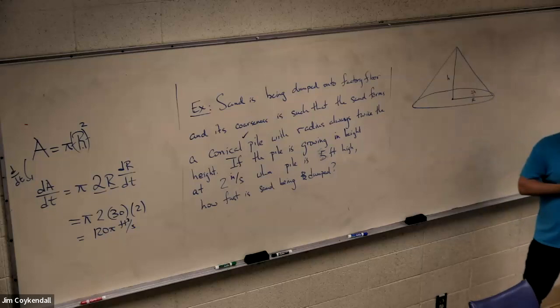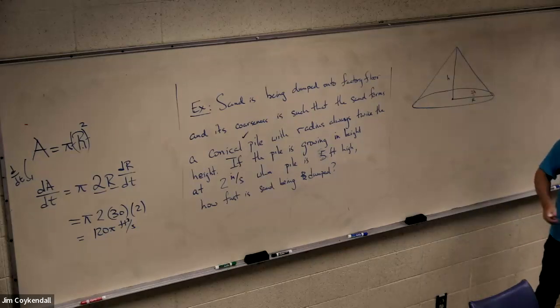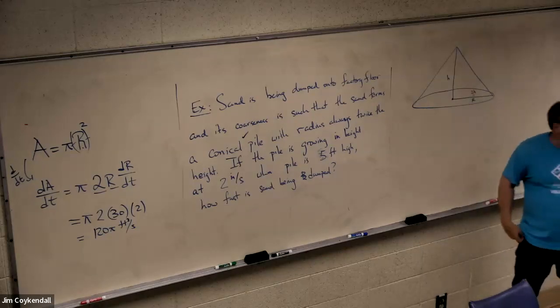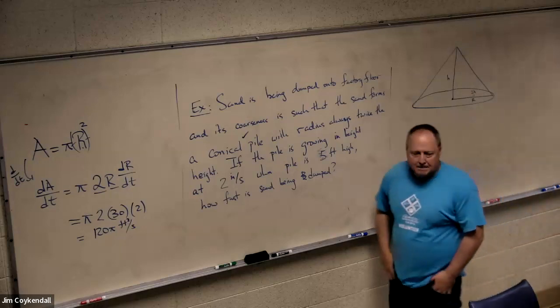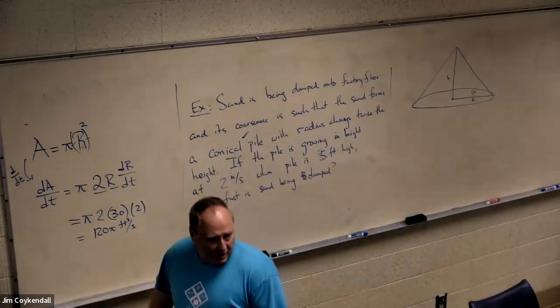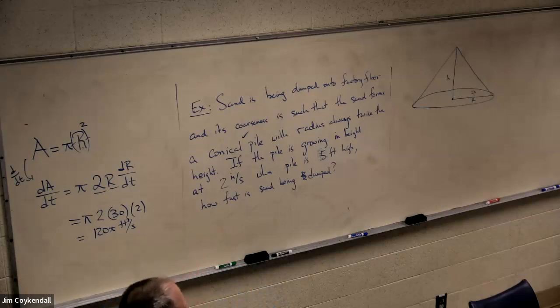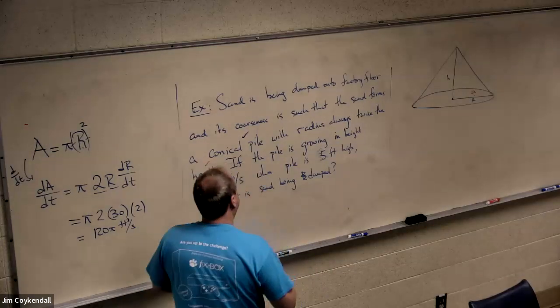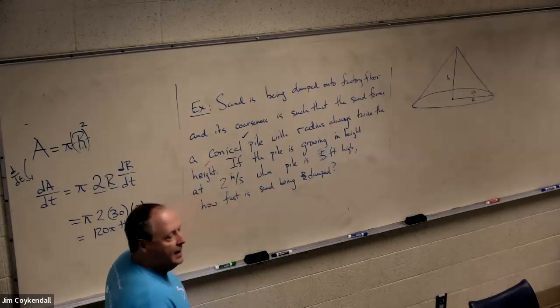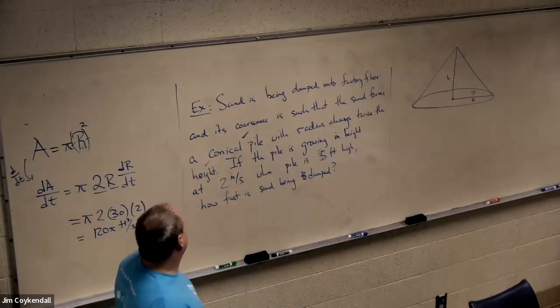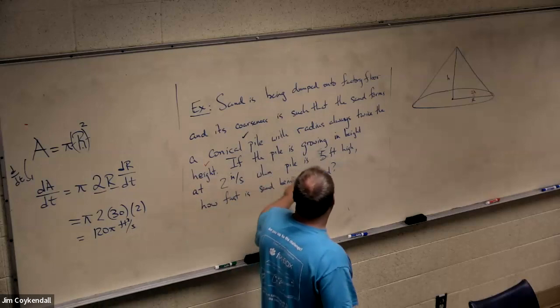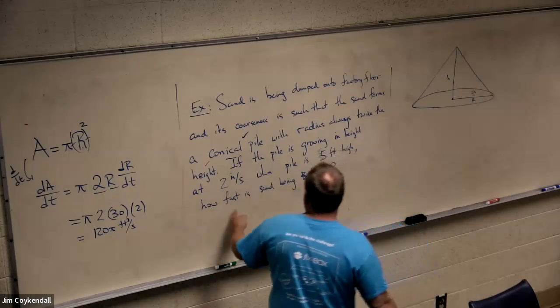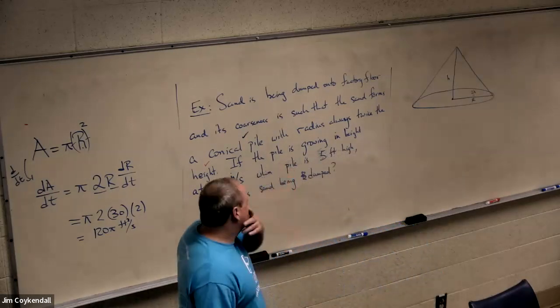And actually that gets me down to just one variable instead of two. So I think that's a good way to go. So now I've got the height of my pile is H and the radius of my pile is 2H. I've used this piece. If the pile is growing at 2 inches per second when the pile is 5 feet high, how fast is the sand being dumped?